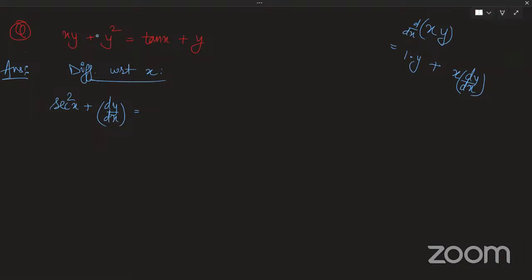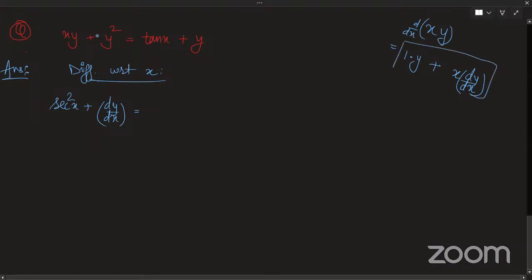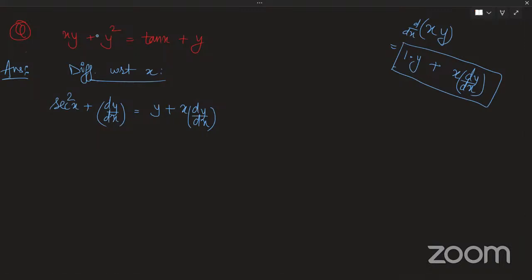After that, you keep x as it is and differentiate y. So this is what you will get. So over here you got y plus x into dy by dx, right? Do you agree?